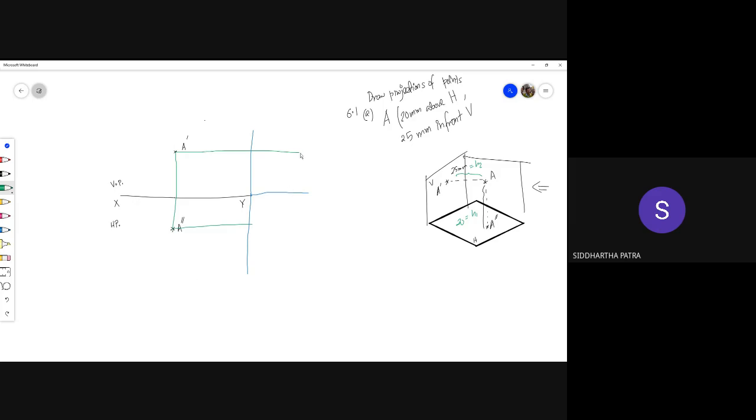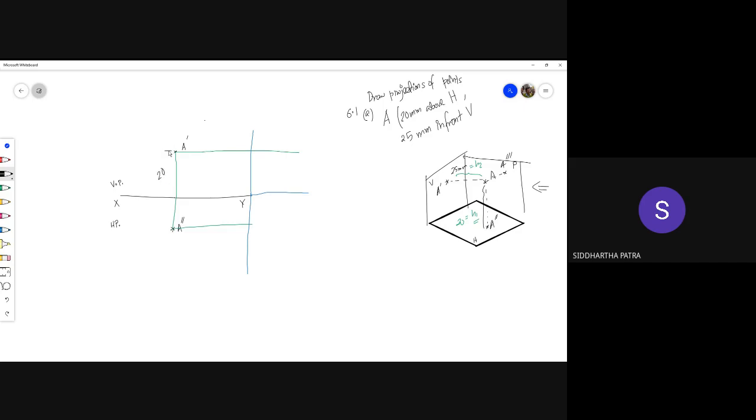Now this height represents the distance from the horizontal plane, H1. Once you take the projection on the profile plane, let's call it P. For this A triple prime right here, that distance is going to be the same. Oh, sorry, this one is possibly 20.